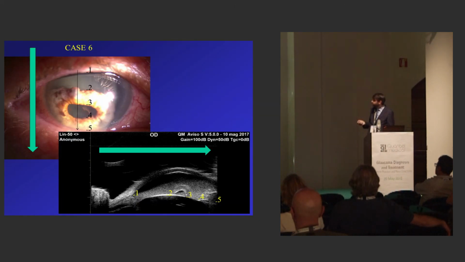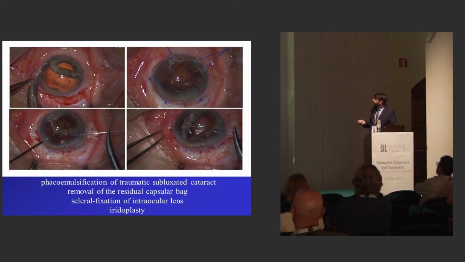But if you see the UBM, you see that from 1 to 2 o'clock there was blood and nothing else. From 2 to 3 the iris, the pupil dislocated here, and even here the iris. This was the end of the story, with the cataract surgery and the iridoplasty.